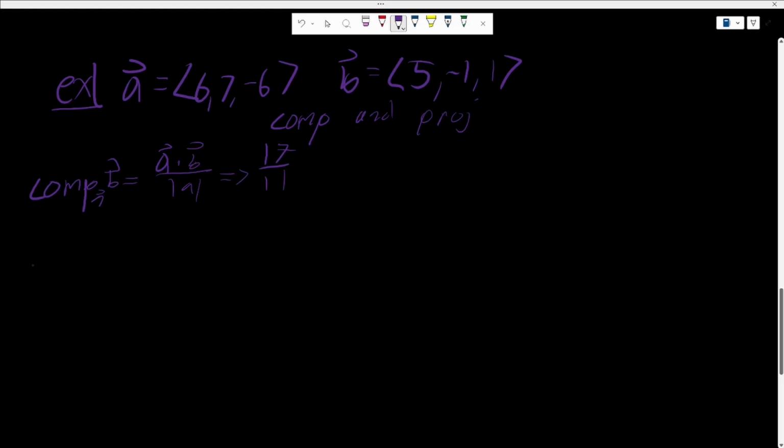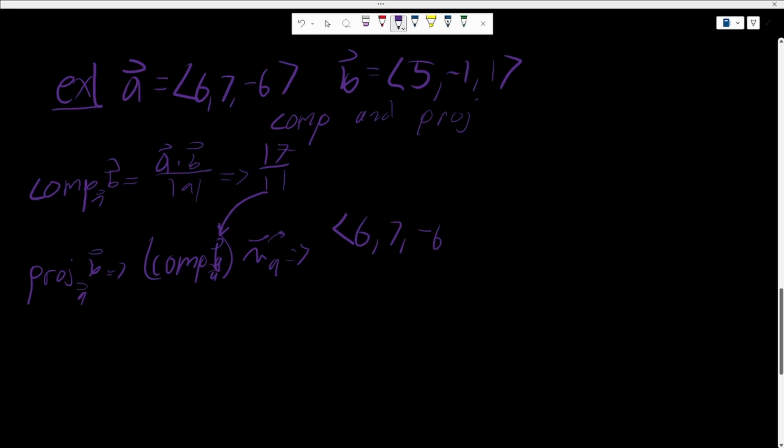Now let's find our vector projection of B onto A. Before, I wrote it out as the scalar projection of B onto A times the unit vector of A. So the only extra step we have to do to find the vector projection is to find the unit vector of A. So we'll have the vector A, 6, 7, -6, all over the magnitude of A, which we've already found to be 11.